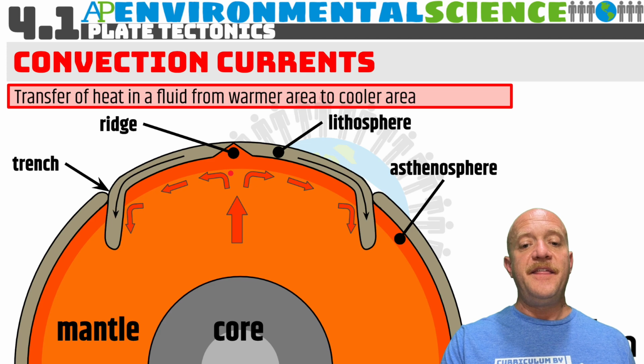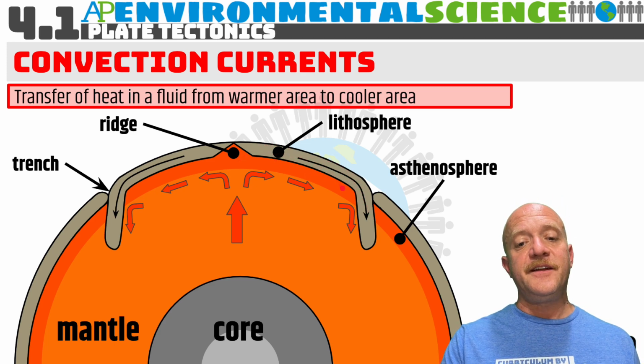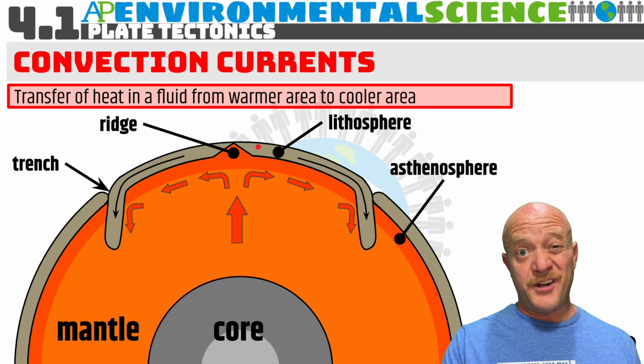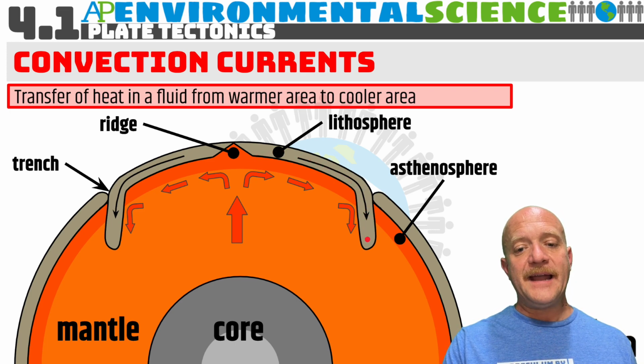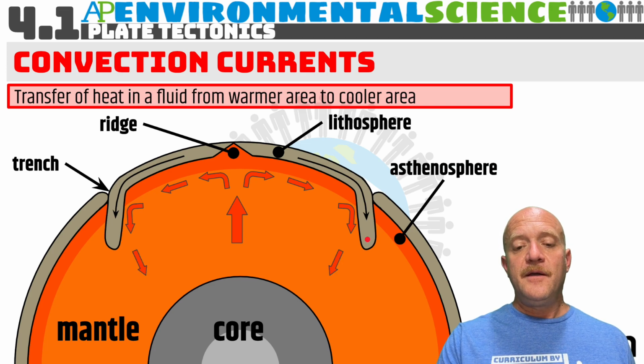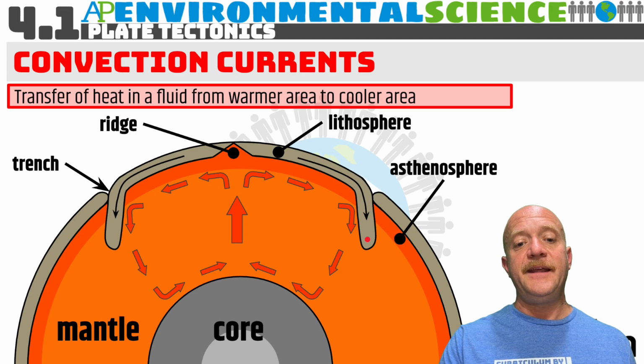It then pulls with it part of this lithosphere, which is basically the Earth's crust and the outermost portion of the mantle. That lithosphere goes back down into the mantle where it melts, and then this process repeats itself.